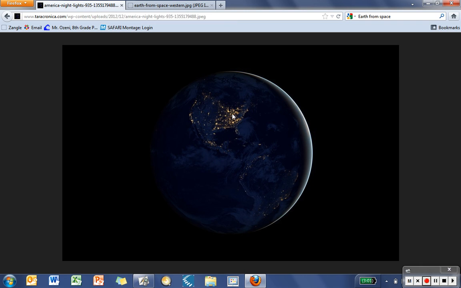Now, if you see all these tiny little lights, this is artificial light, the light that we create. So if you look at these, they are two pretty close images, right? This is actually the United States, and you can see that there's a lot of lights on the East Coast over here. All right, this is artificial light from cities and all that kind of stuff. But really, if you look over the ocean, there's no lights.